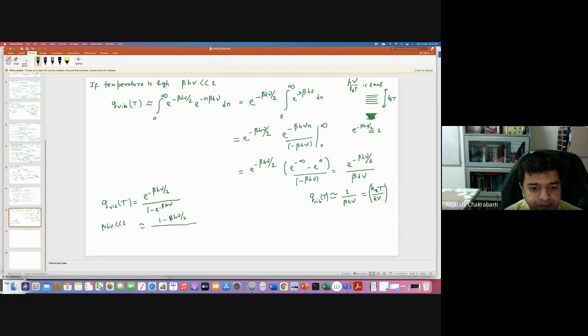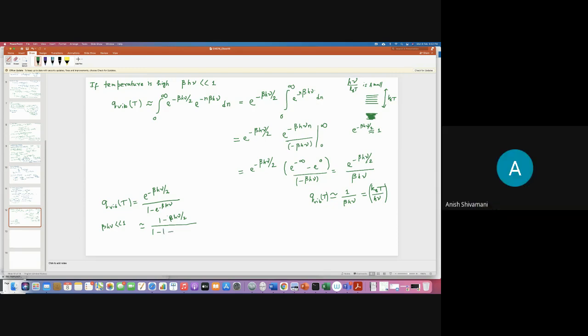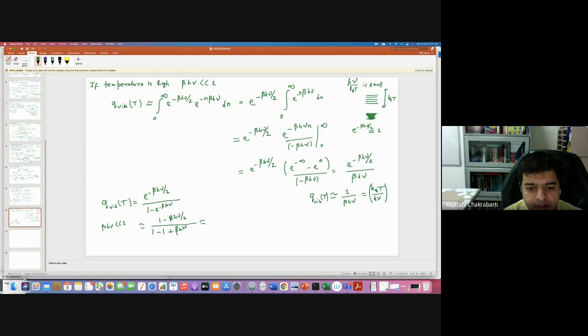Exponential, I can expand. What am I going to get? 1 minus, 1 minus beta h nu, 1 plus beta h nu, but this is equal to, again, this I can neglect. What I'm going to get is matching, no, with this. Just to check, they're the same, they're matching. So when the temperature is high, this is going to be your expression.